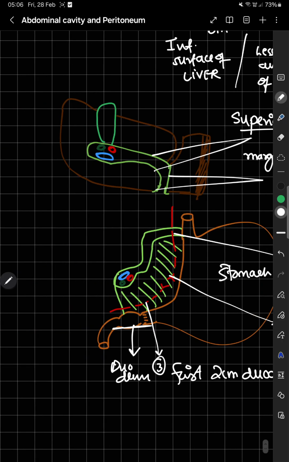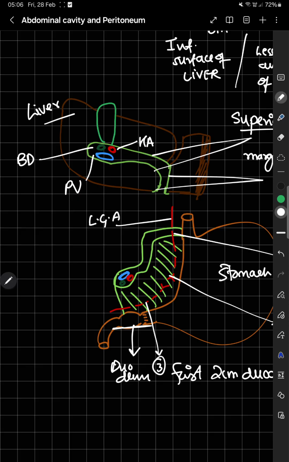Okay, and the other thing we have to take care of here is our liver. This is our liver, this is bile duct, this is hepatic artery, and this is portal vein. Very important: this is our left gastric artery, and this is our right gastric artery.